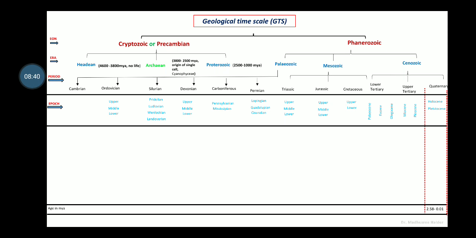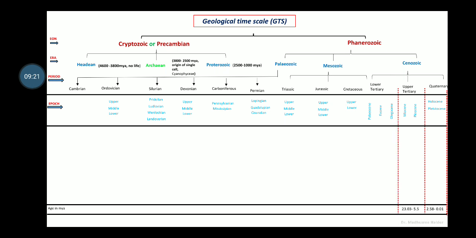In Quaternary, there are 2 epochs: Holocene and Pleistocene, of which Holocene is the most recent epoch, the one to which we belong, and Pleistocene is slightly older. The age of this period is almost 0.01 to 2.58 million years.